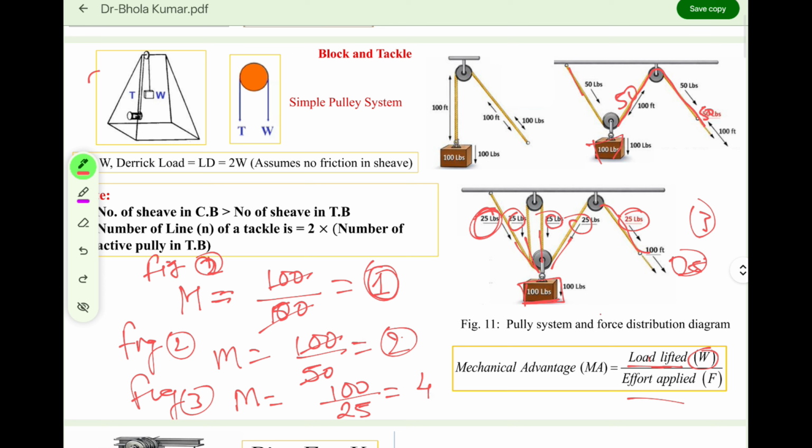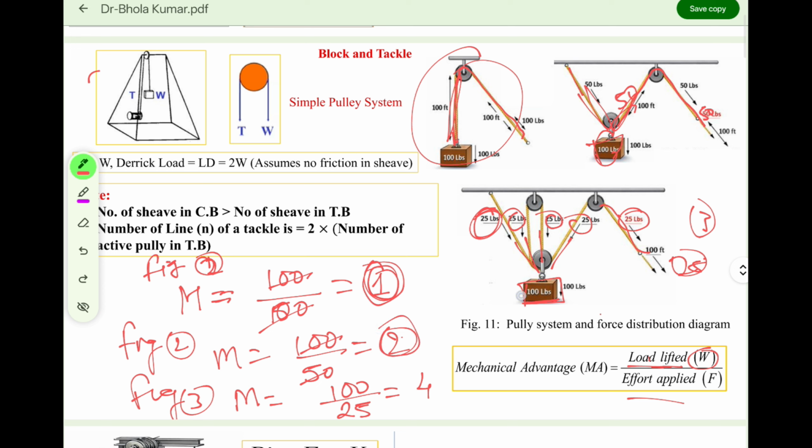So just think about it. In the first case, the number of lines is 1, which means the weight is directly attached to one single line, so you are getting mechanical advantage 1. If the load is attached with 2 lines, then you are getting mechanical advantage 2.